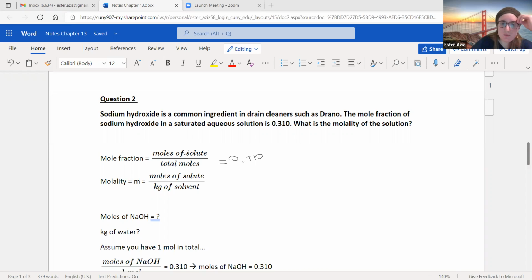And since we're not really told what volume we're working with, the question doesn't mention volume, usually that means we can assume an arbitrary volume that we want to work with, because concentration terms do not depend on volume. So we can decide on an arbitrary number for volume. And a very similar concept applies to total moles.